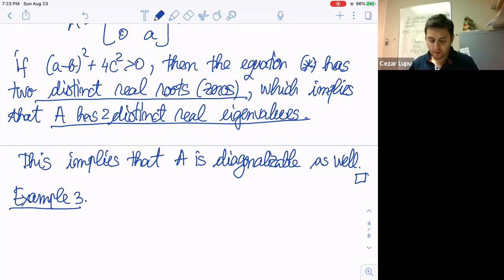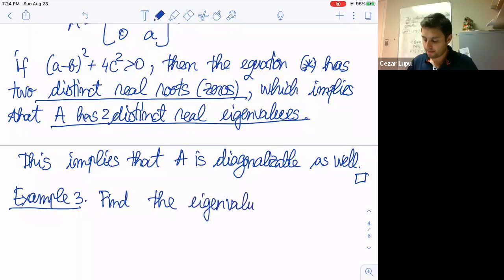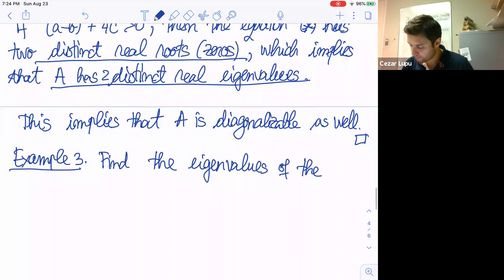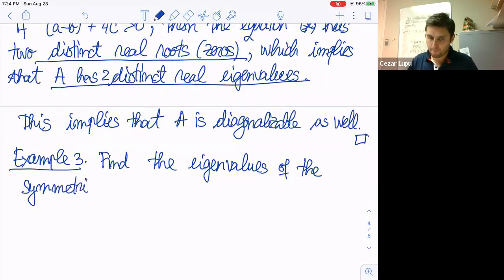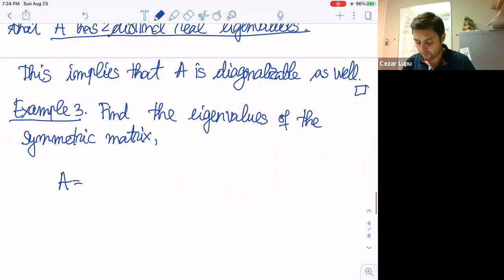In fact, let's formulate it in this way, and we'll consider a 4 by 4 matrix. Find the eigenvalues of the symmetric matrix A, and we'll consider a 4 by 4 matrix.